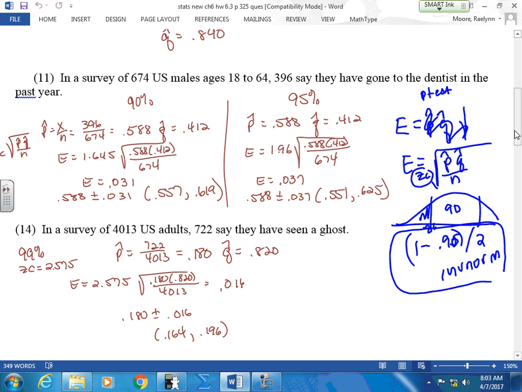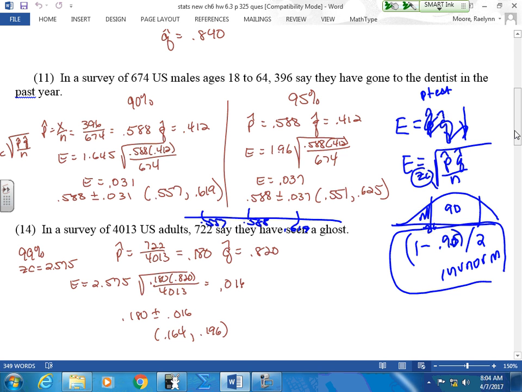Okay. The next one, so we compared the intervals. And again, let's put this on a number line. I'm just going to put my proportion in here. 588, I'm going to put this here. So if I'm doing a 90, a 90 says this, 557 to 619.